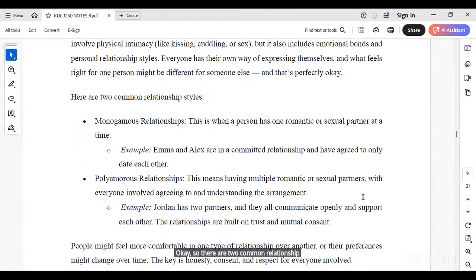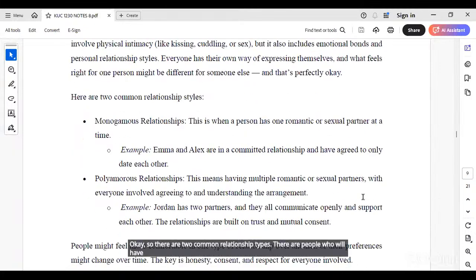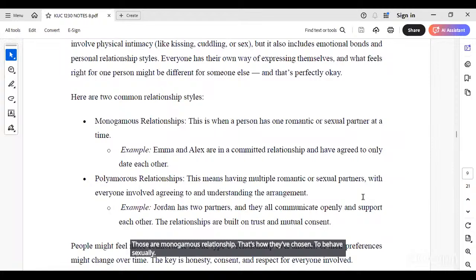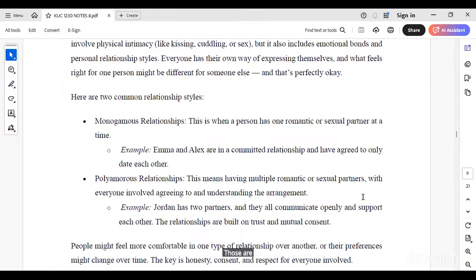There are people who will have monogamous relationships. So they will choose to have one romantic or sexual partner at a time. That's a monogamous relationship. That's how they've chosen to behave sexually. That's a sexual behavior. That's how they're expressing themselves.